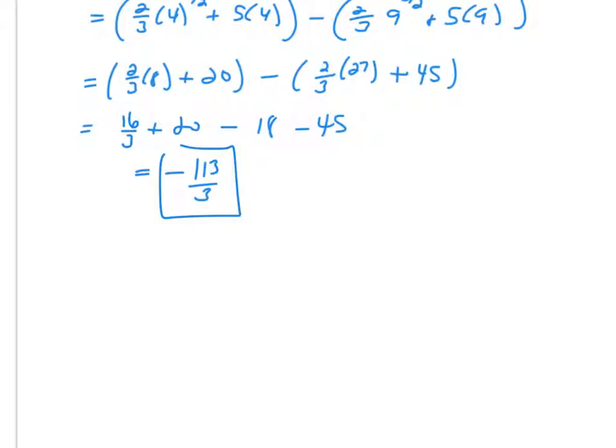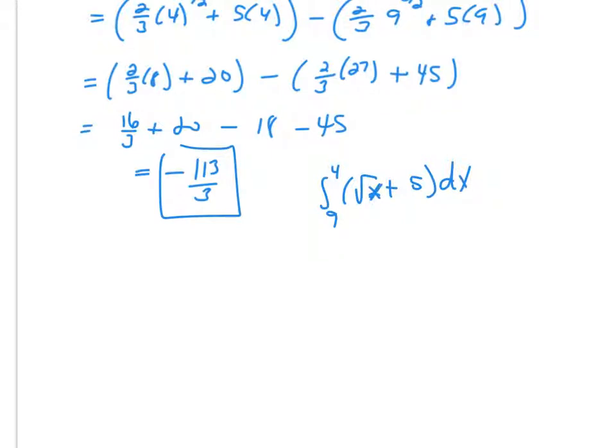For this particular one, I almost forgot. I wanted to tell you how you can rewrite this. The original was the definite integral from 9 to 4 of the square root of x plus 5 dx.